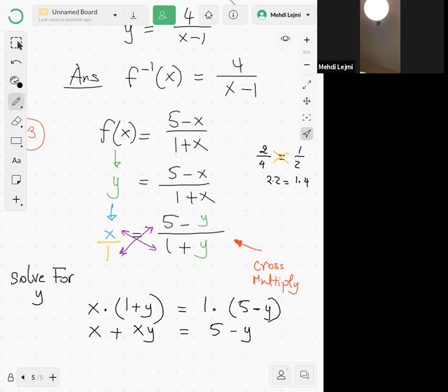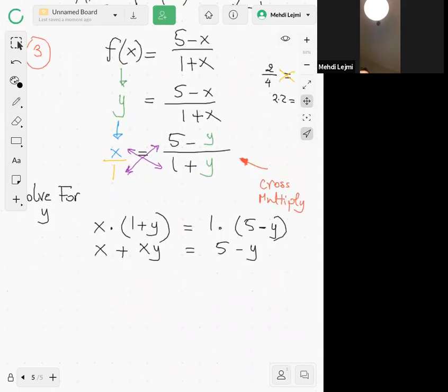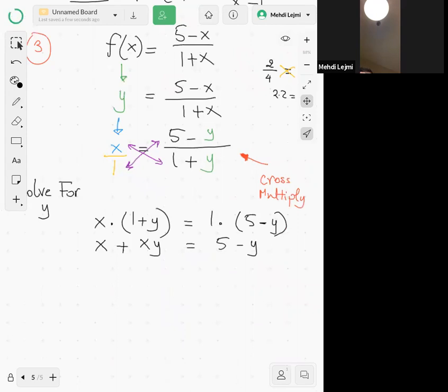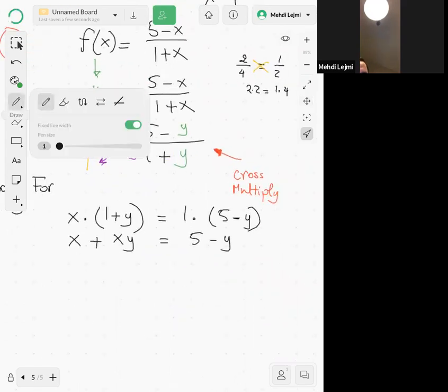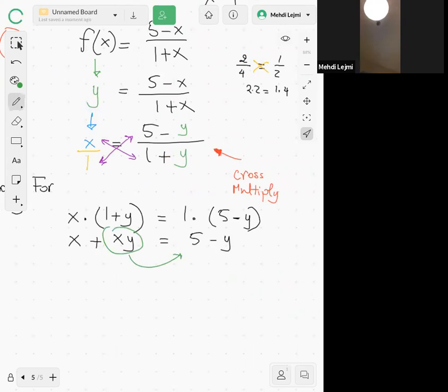Okay, so what I'm gonna do is move all the y's to the same side and everything else to the other side. As you can see, guys, there's this xy on the left, so I'm gonna move it to the right side, and there's this 5 on the right side, and I'm gonna move it to the left.